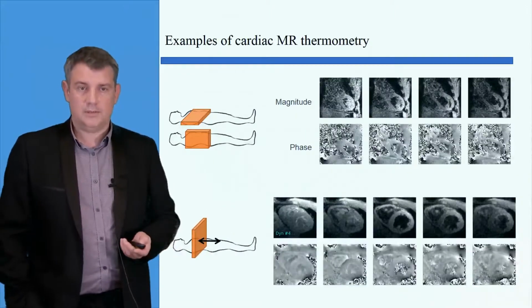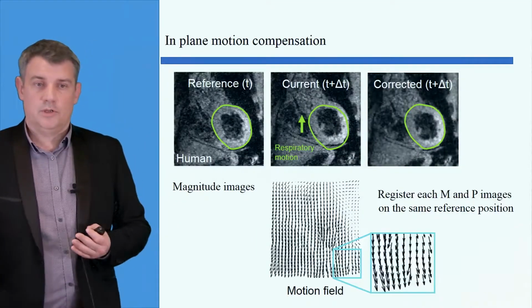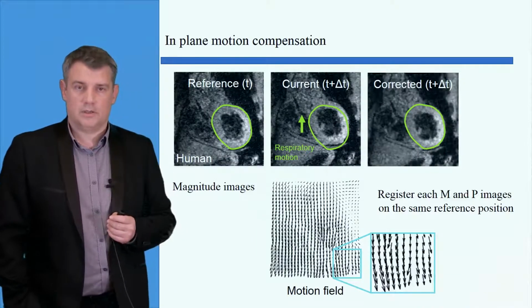So we get images, but then how can we retrieve the temperature change from that? We have motion. We have, for example, in-plane motion. So how can we correct for that?